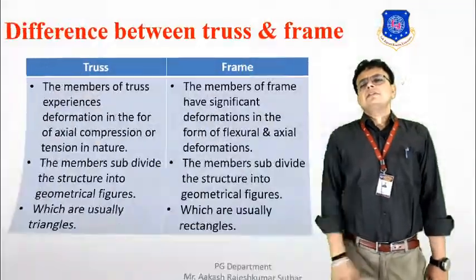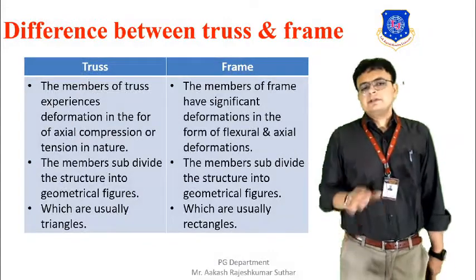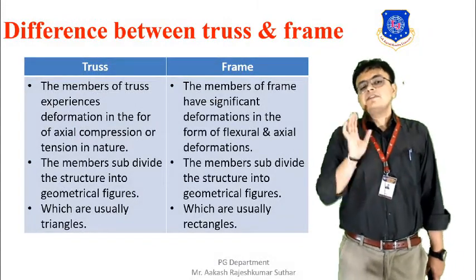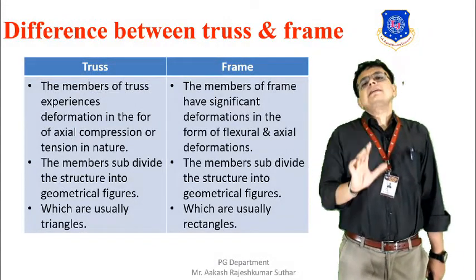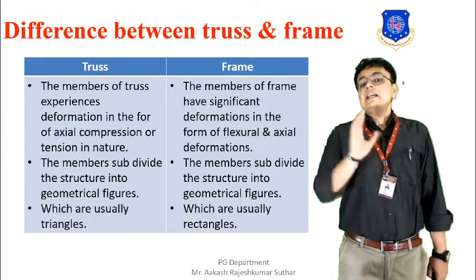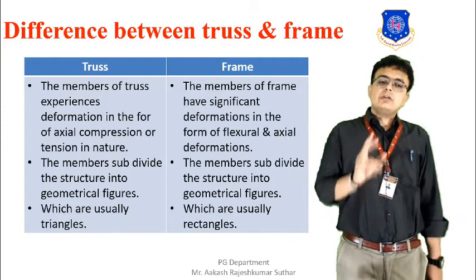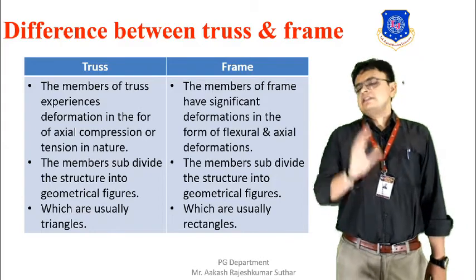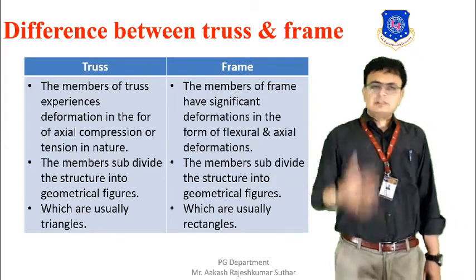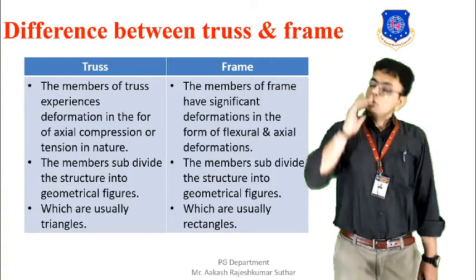Talking about further differences between the truss and the frame, physically, all the members in the truss experience deformation in the form of axial compression or tension. Deformation will be because of the tensile or compressive force only.